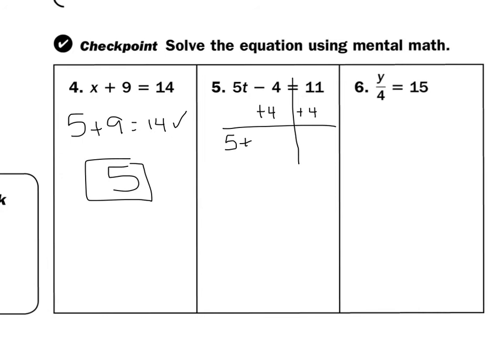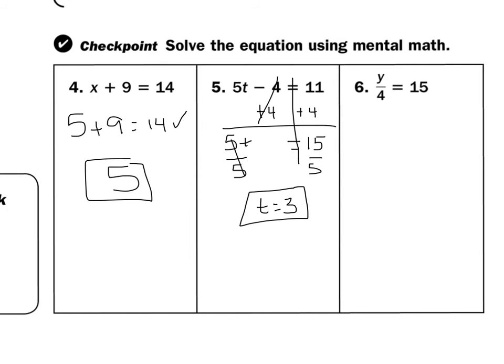We didn't do anything with 5t, so it's still there, but that's gone. 11 plus 4 is 15, and then you divide both sides by 5. t equals 3. If you do not want to go through these steps yet, and you want to try numbers out, you're free to try numbers out. Just make sure you check them all.